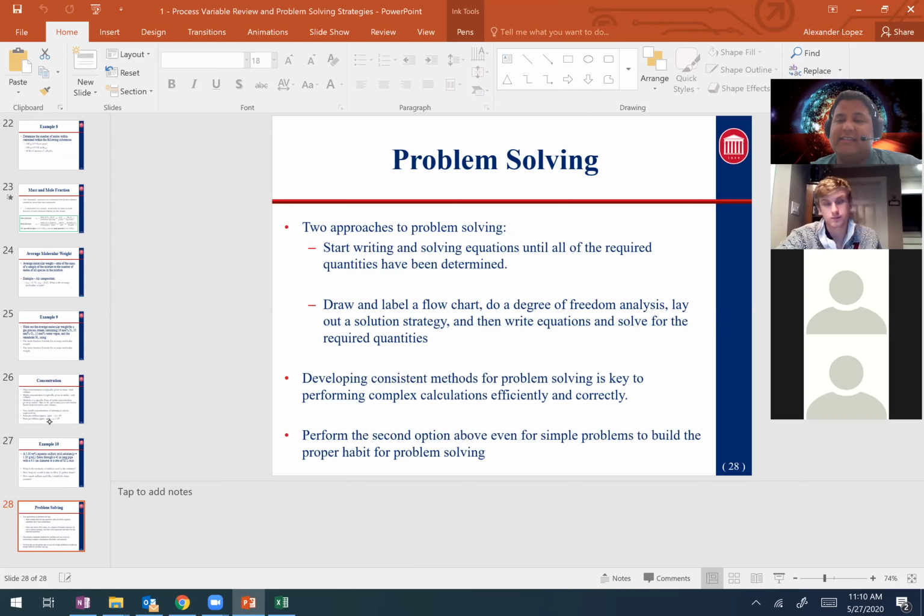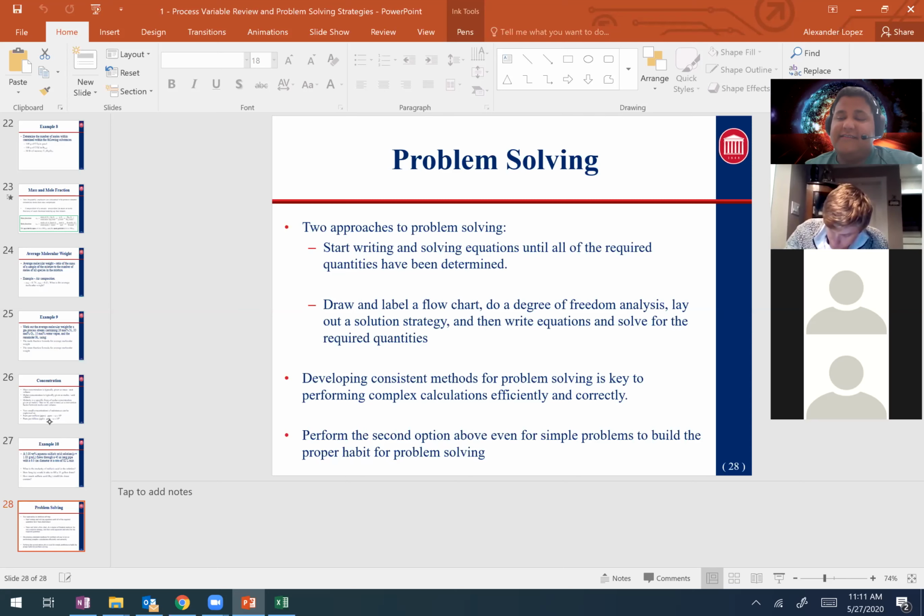Or you can draw a flow chart for a problem, identify the information you have and the information you don't have. Do what's called a degree of freedom analysis, which we'll talk about tomorrow or the next day. Figure out the necessary steps to get to a good solution, and then you write out the necessary equations and solve.